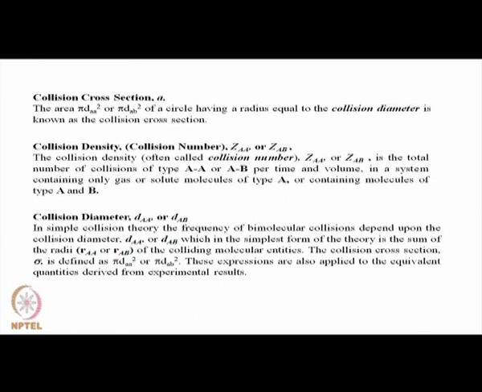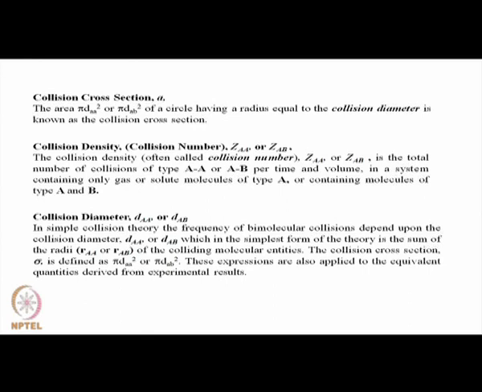So it is the total number of collisions per unit time per unit volume in a system containing gas or solute of only one type or containing A and B together. Remember, it is the total number of collisions of type AA or AB per unit time per unit volume.